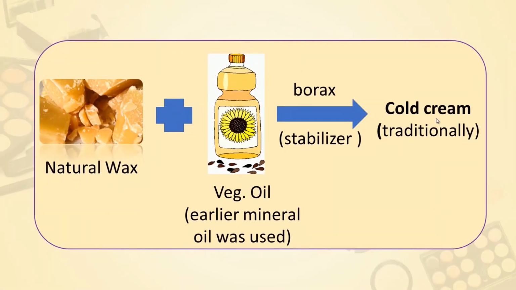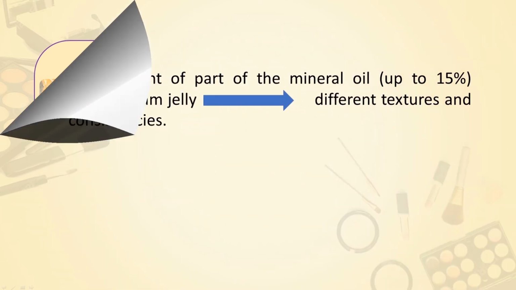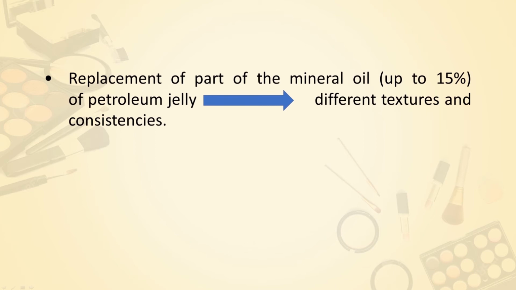Cold cream was traditionally based on a mixture of natural waxes and vegetable oil, and it was stabilized with borax. That was the traditional way of formulating cold cream, but now mineral oil is used as a base, and this mineral oil is also nowadays replaced by vegetable oils.